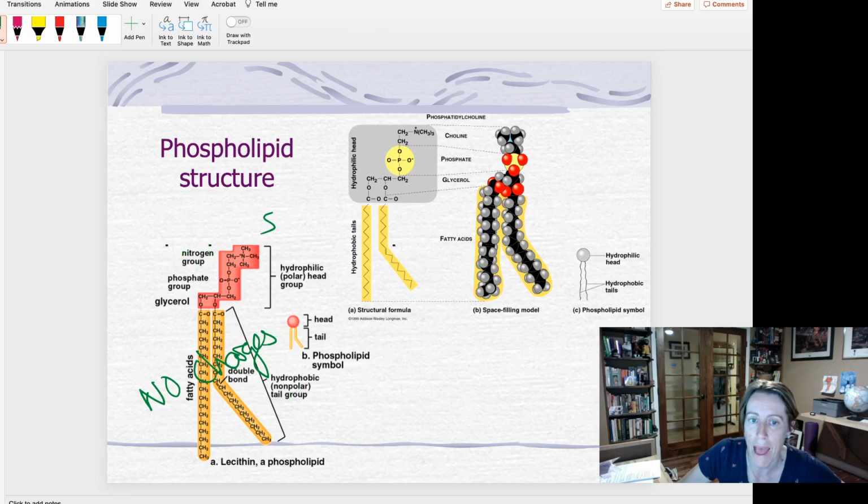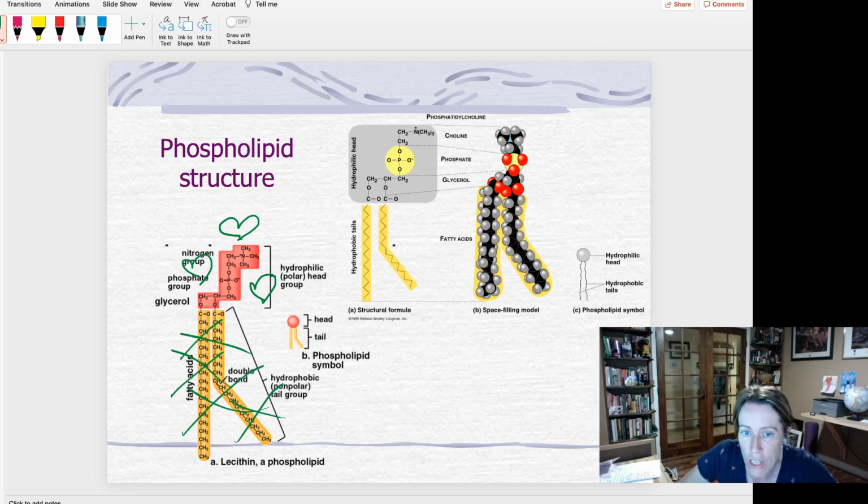Now, if you think back to a couple of weeks back, we talked about how water interacts with different molecules. Water molecules are attracted to molecules that have charges or partial charges. So water is going to love to be up here. Water likes this, but water hates this.